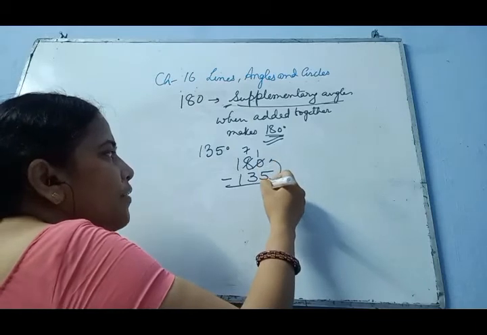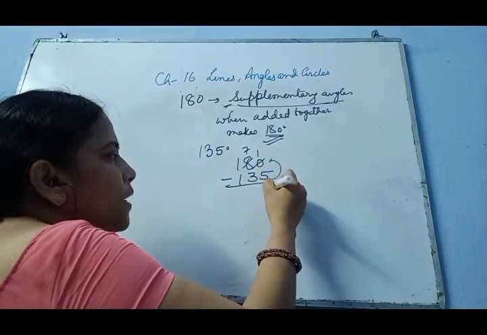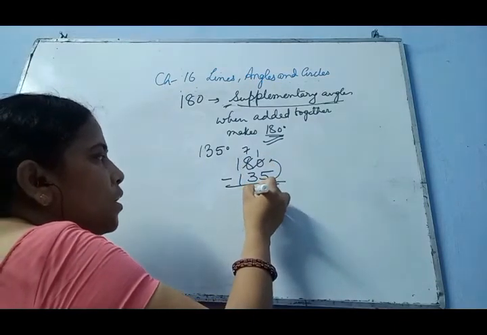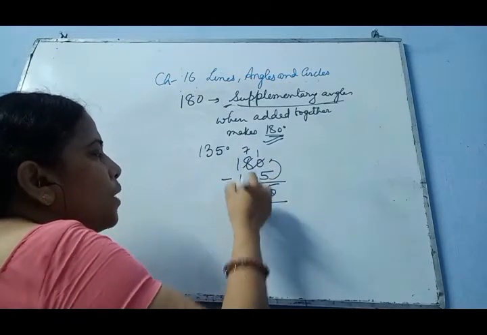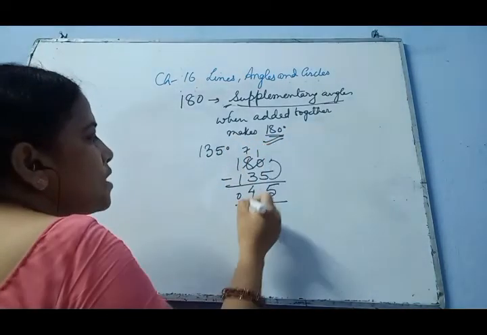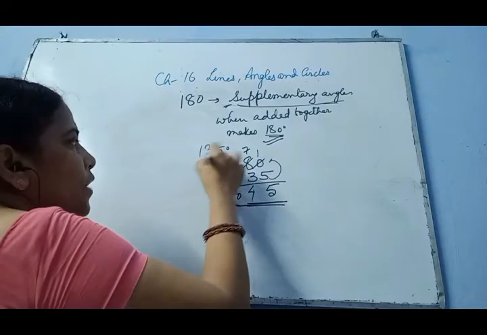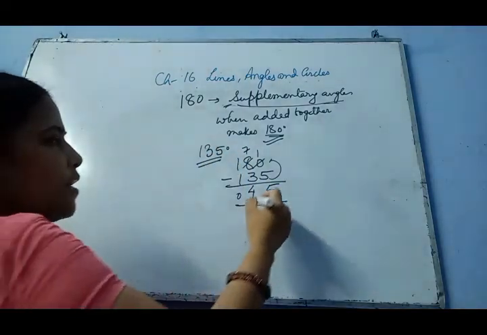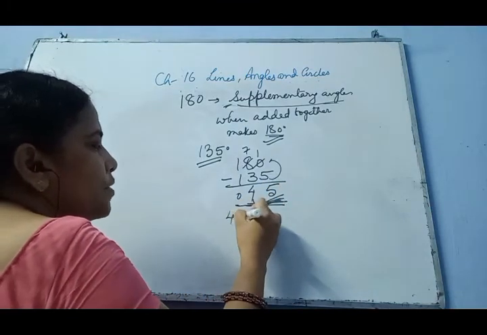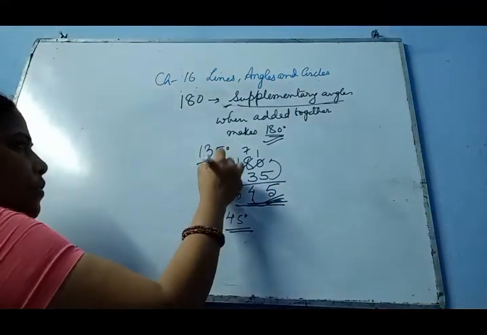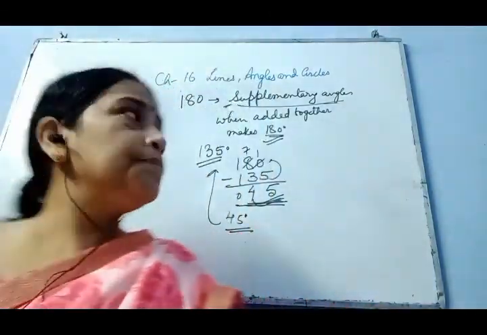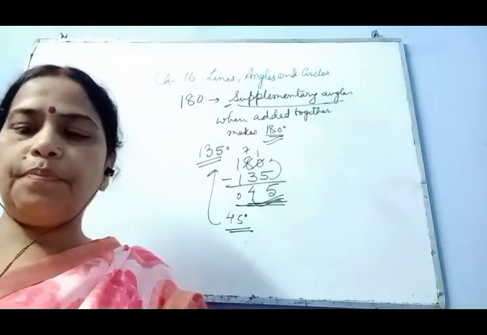So 5 subtracted from 10 gives 5 over here. 7 minus 3 is 4, and 1 minus 1 is 0. So the supplementary angle of 135 is 45. Okay, so 45 degrees is the supplement of 135. This is the way we have to find it.